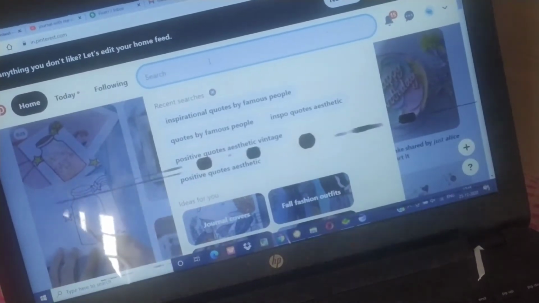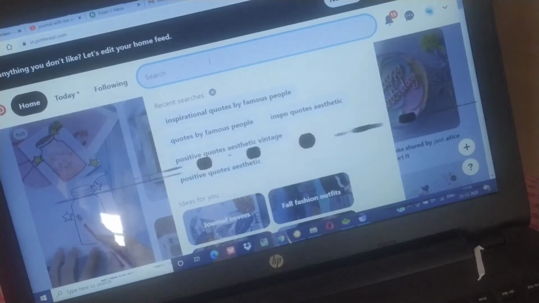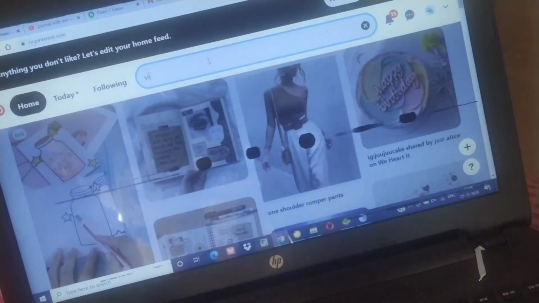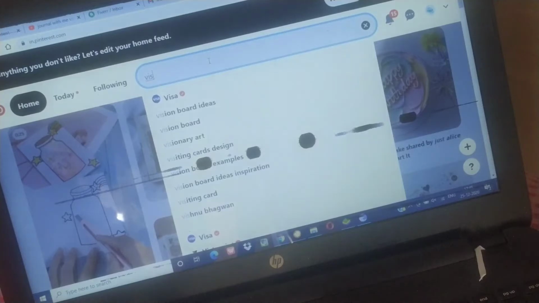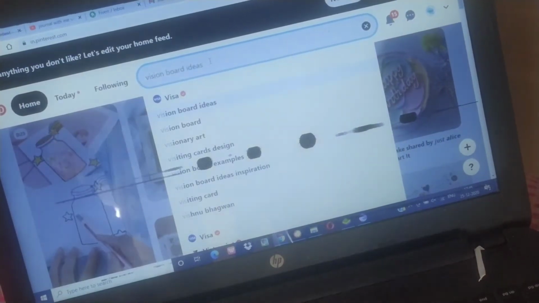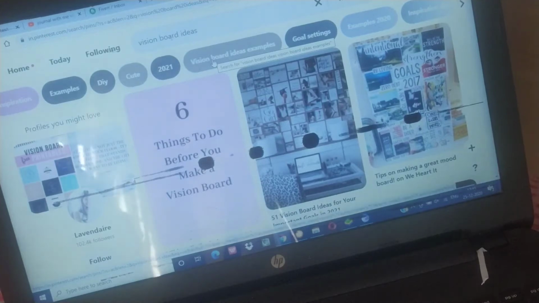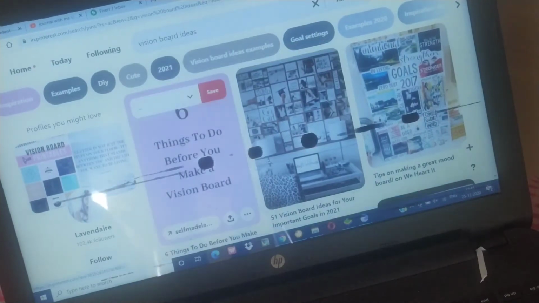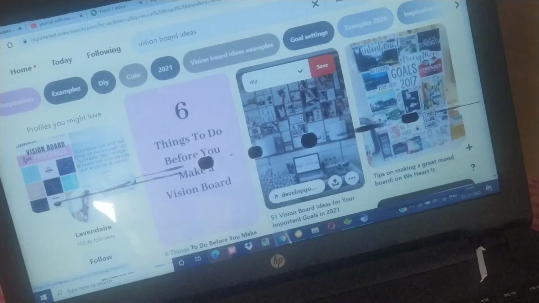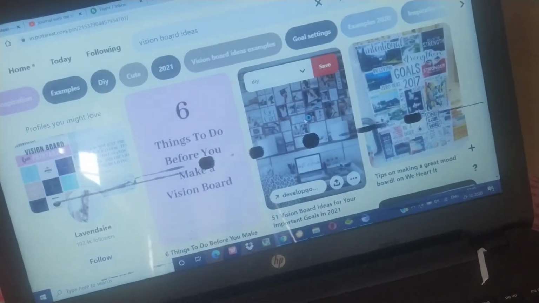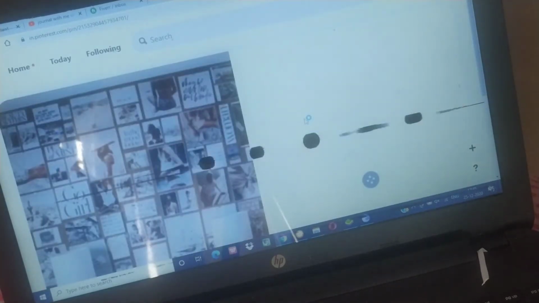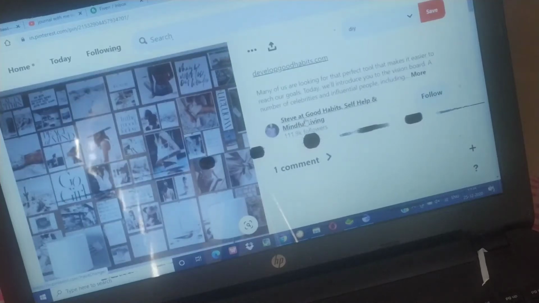So after that, I went on the Pinterest to see some ideas about the vision board. Pinterest is the best thing to go if you want some ideas or inspiration or things you want to see. Like you want the idea about a particular topic, Pinterest is the best app.